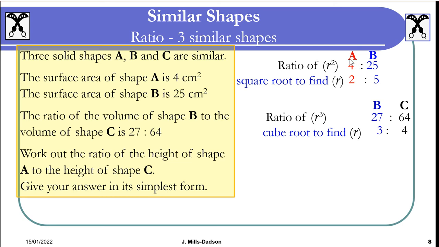So let's line up A, B, and C so that you can see how to manipulate the numbers. We have A and B as 2 and 5, and we have B and C as 3 and 4. Now, the B must be the same.